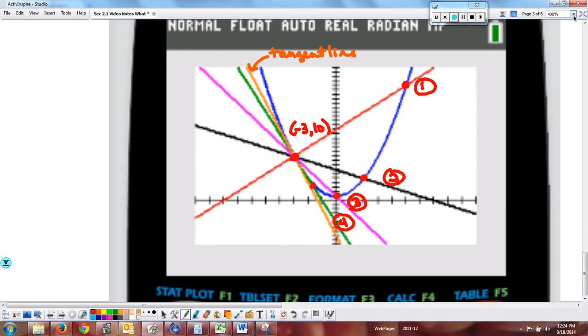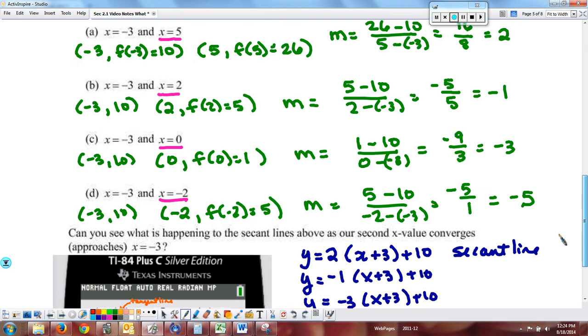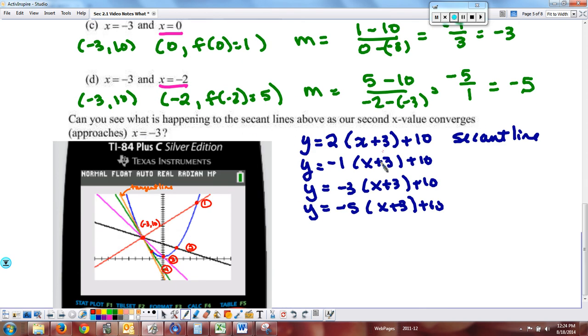So the idea is that as the points get closer, as our second x value approaches -3, the secant line becomes a better and better approximation of our tangent line.